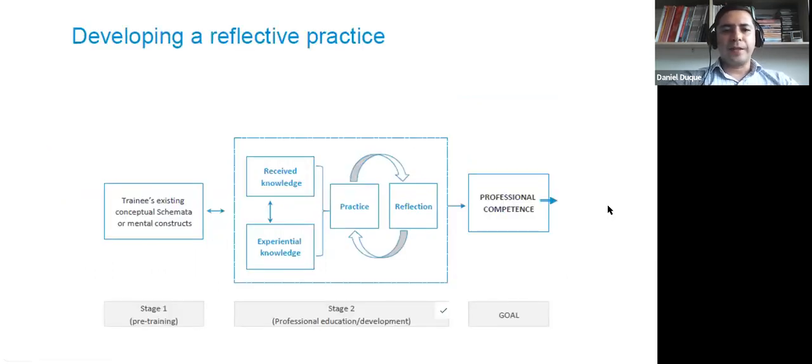So here we have the teacher's reflective mindset chart. And a reflective mindset is developed through a process called critical reflection.